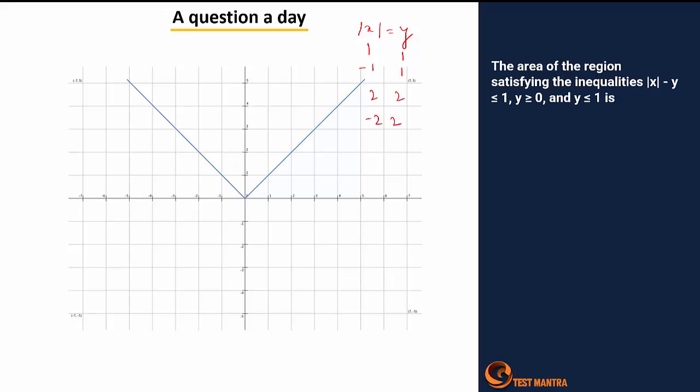But here my condition is modulus of x minus y is less than or equal to 1. Assuming we take the condition as modulus of x minus y equal to 1, let's talk about the graph for this part for the time being.